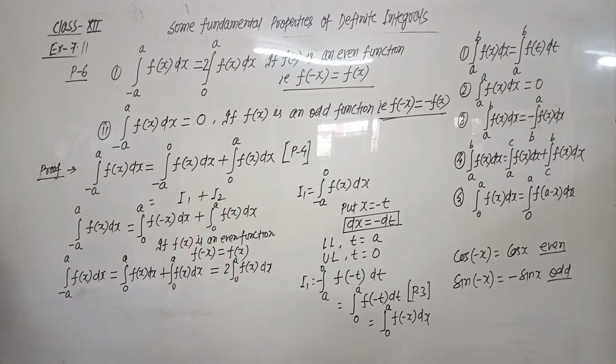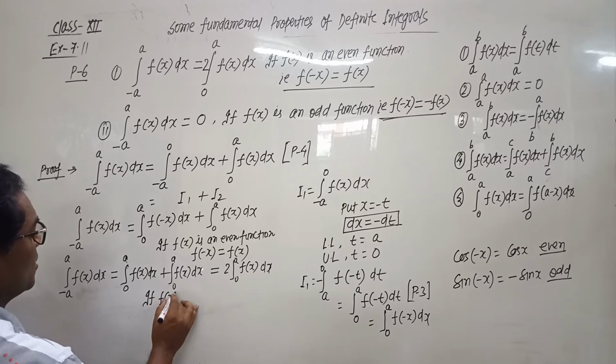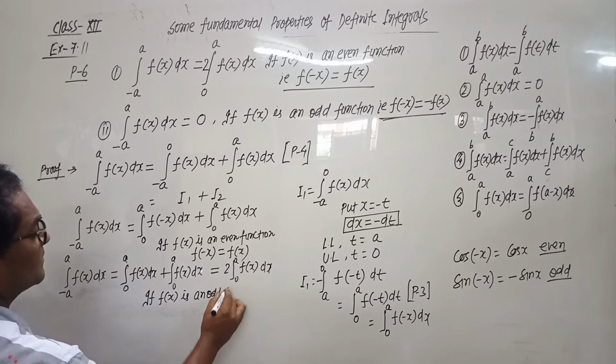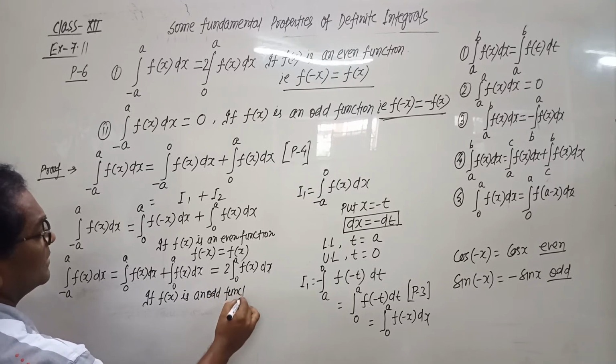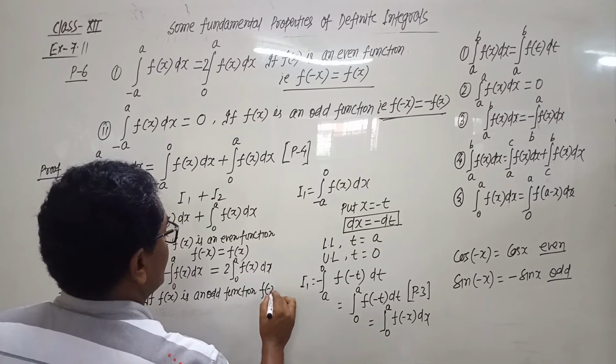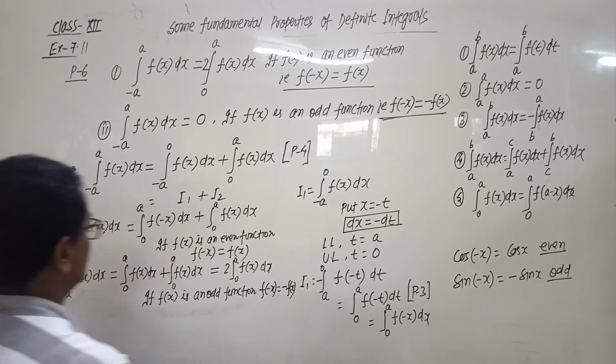Now if f(x) is an odd function, then we can write f of minus x equals minus f(x). Minus comes outside.